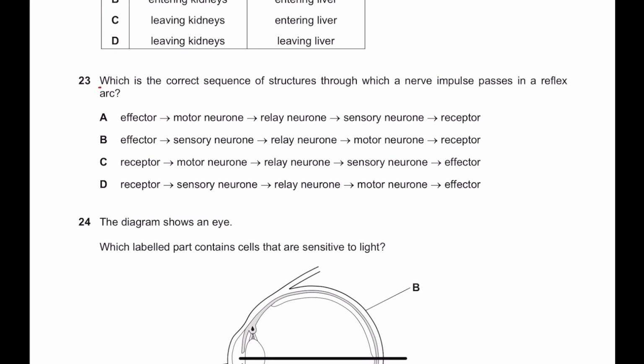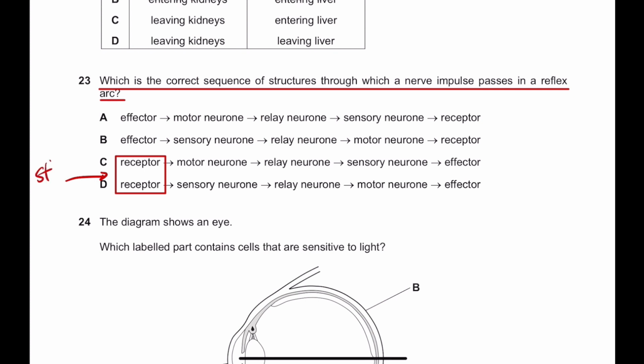Number 23. Which is the correct sequence of structures through which a nerve impulse passes in a reflex arc? The reflex arc always starts with the receptor first, okay? The receptor receives stimulus, or stimuli, depending on how many.